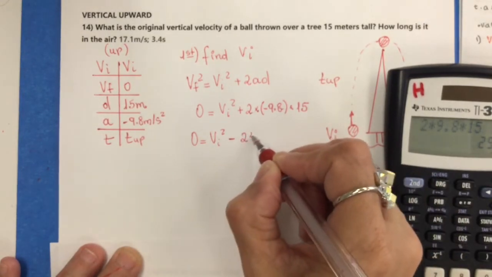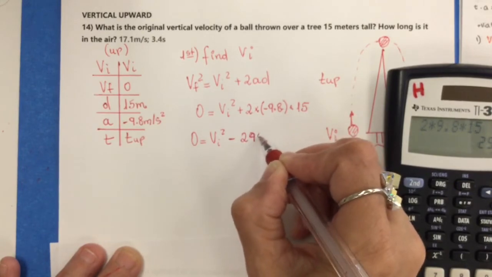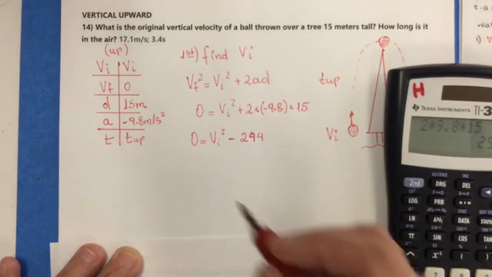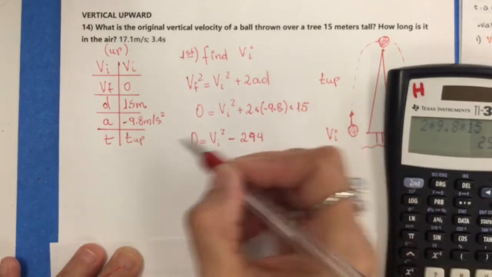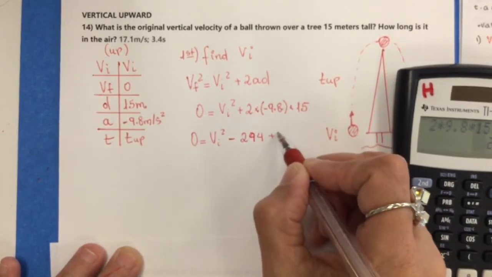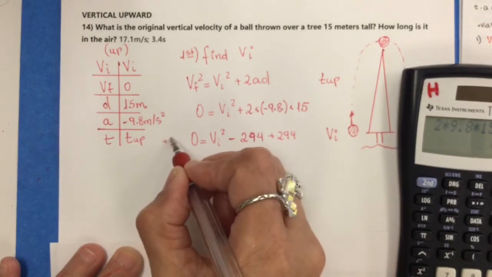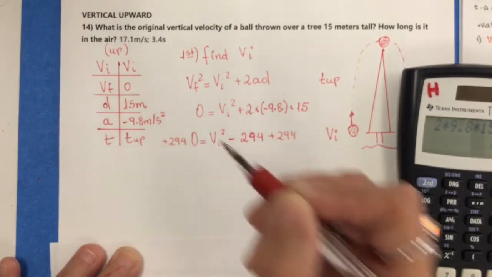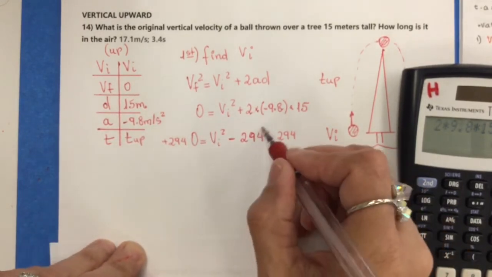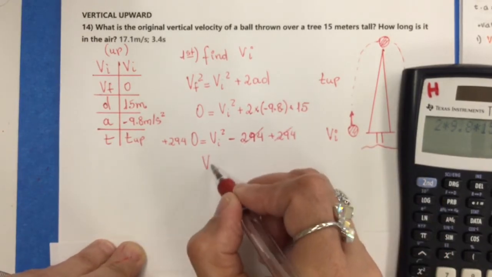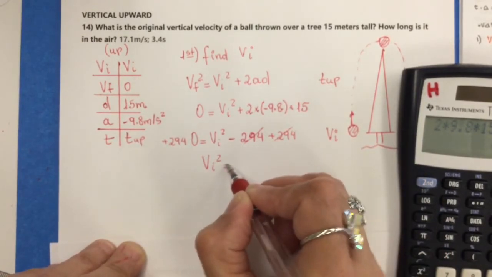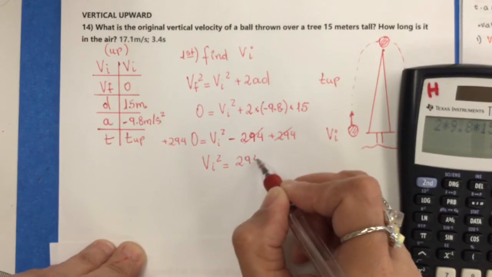So we add 294 to both sides, and those two cancel. So VI squared is equal to 294.